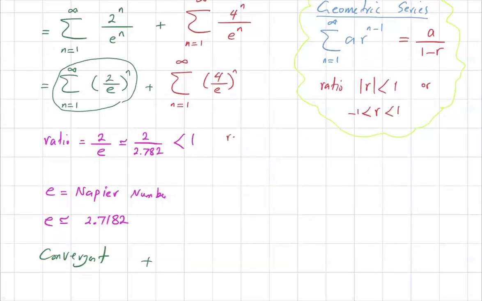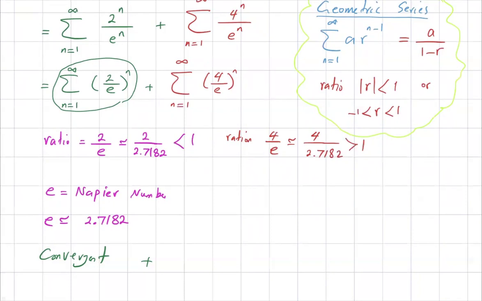If you take a look, the ratio is 4 divided by e, all right? 4 divided by e is approximately 4 divided by 2.7182, which is more than 1.